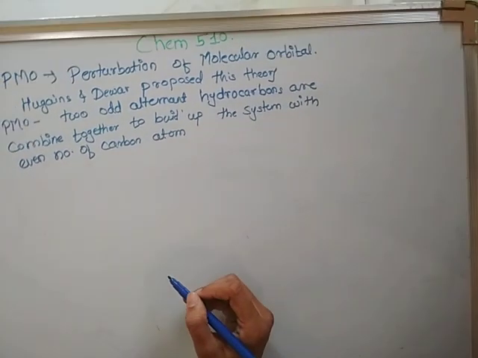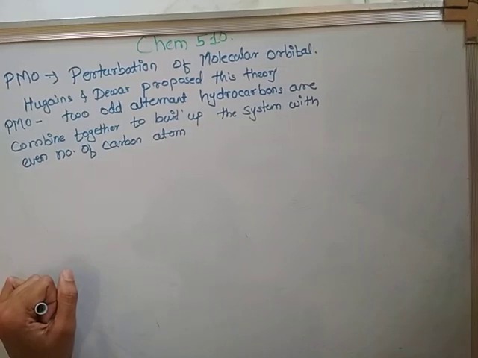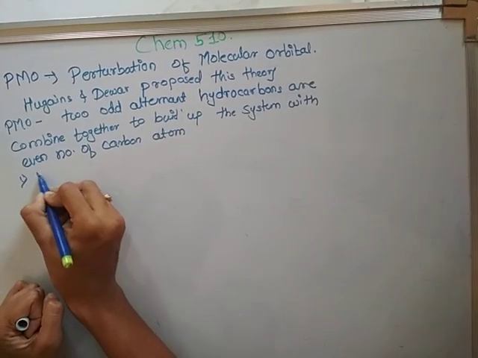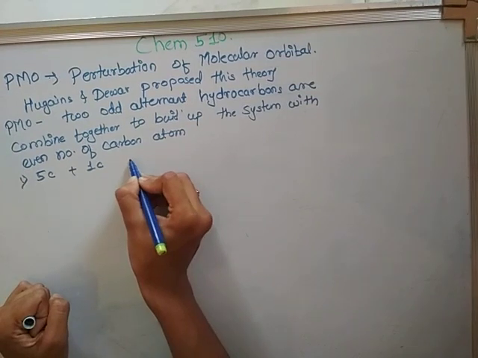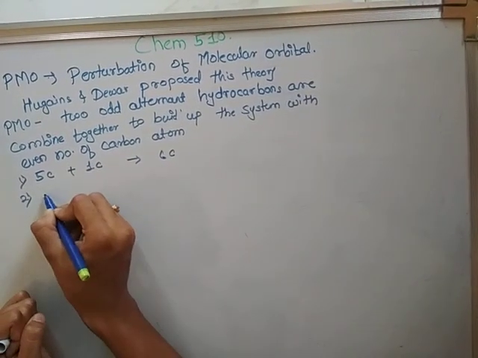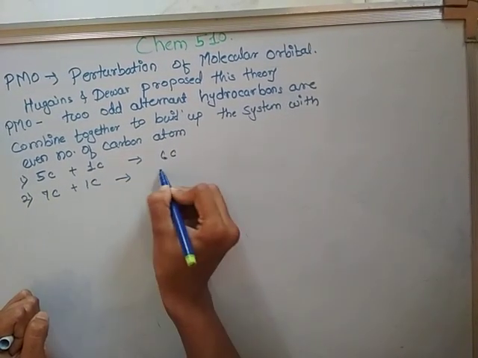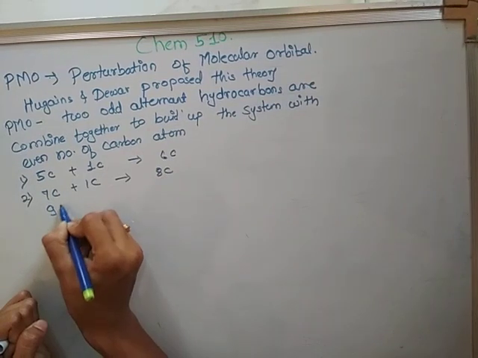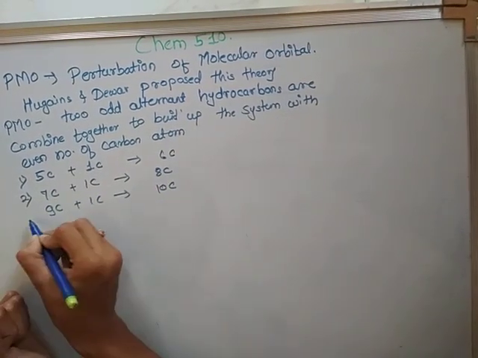Now, in the form of a table, we can see firstly 5 carbon plus 1 carbon gives 6 carbon. Second, 7 plus 1 gives 8 carbon. 9 plus 1 gives 10 carbon.